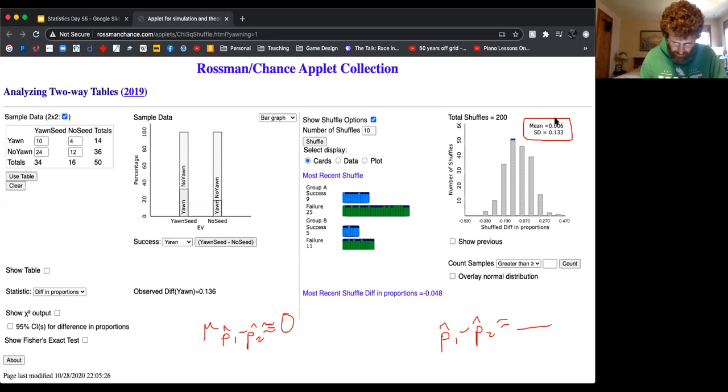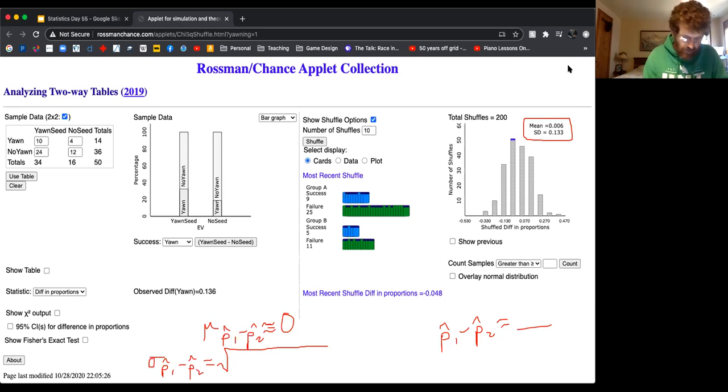All right, now we are going to do the standard deviation of this. Remember what we talked about before: when you have a difference, we're going to treat these proportions as though they're random variables. So that's going to be the square root of the variances. But what is the variance of one sample proportion?